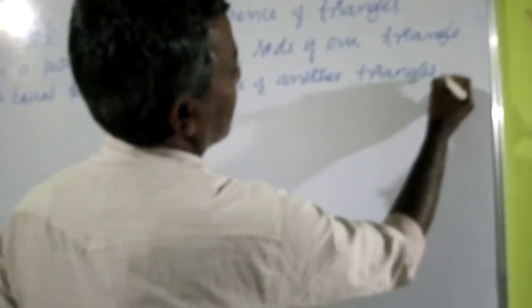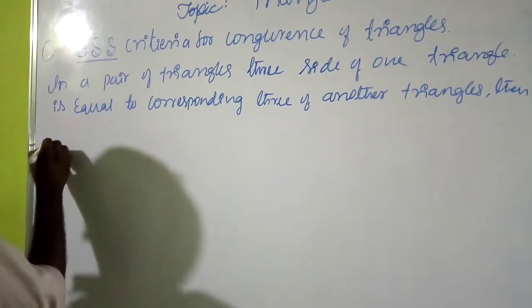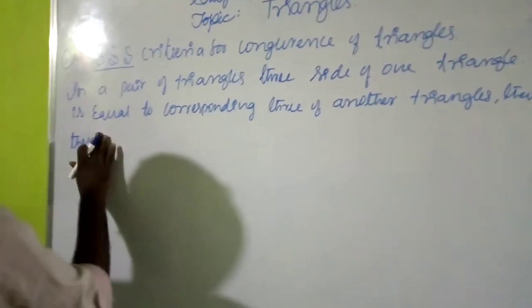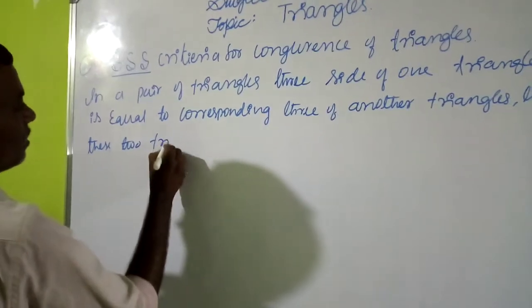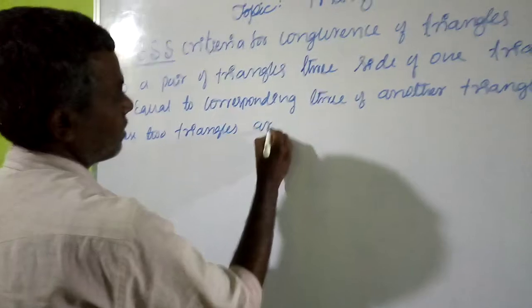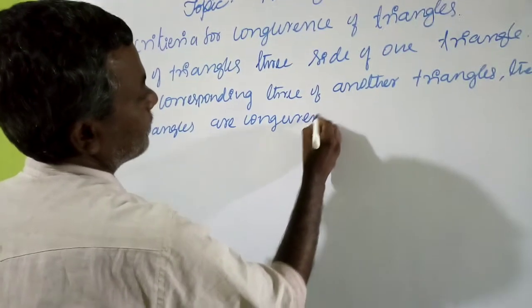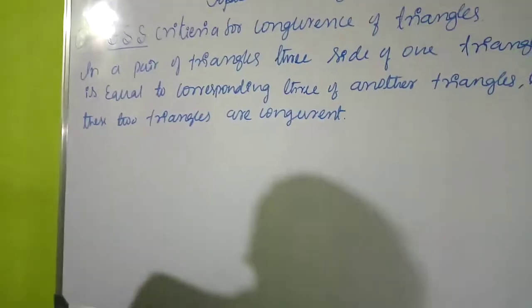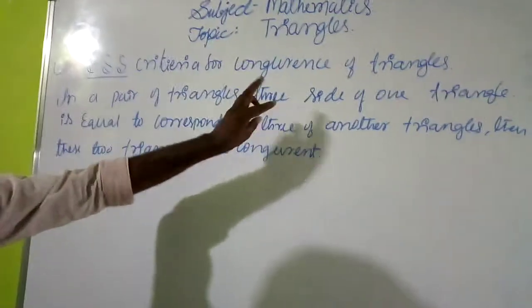Then we should say these two triangles are congruent. See students, this is the statement. In a pair of triangles, that is two triangles, each triangle has three sides.